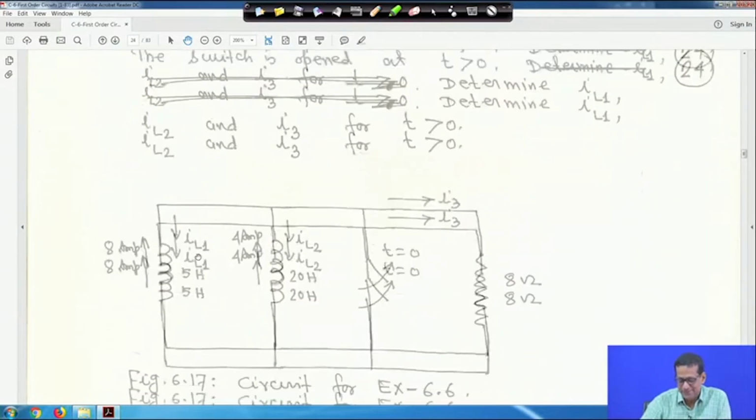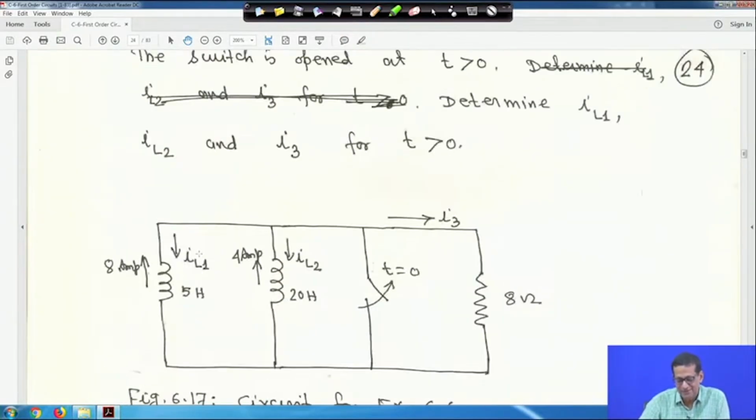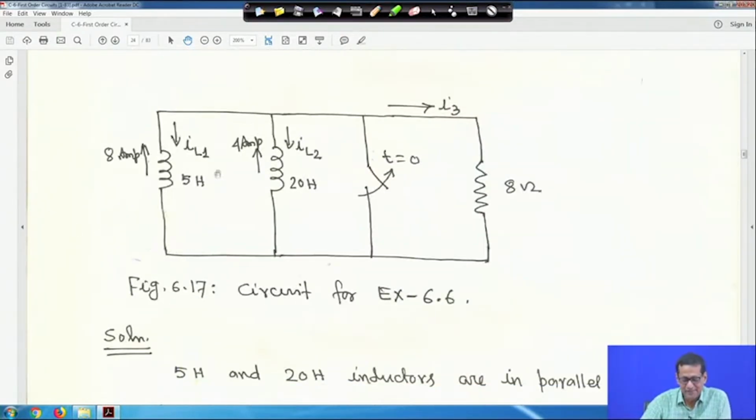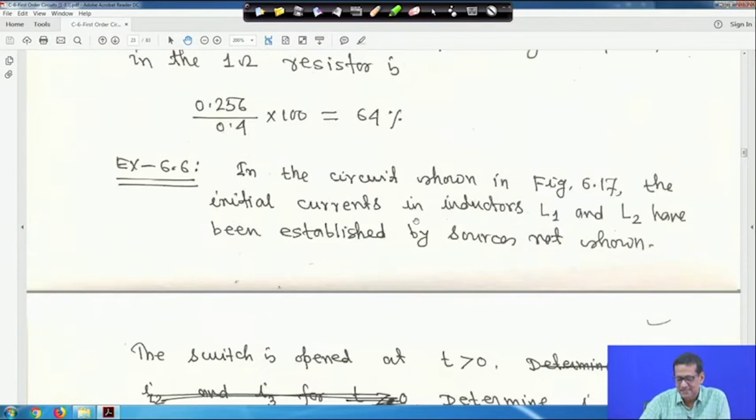This is a very interesting problem, so just look at the circuit. The directions of the currents IL1, IL2 and I3 are given, and the initial currents through the inductors are given as 8 ampere and 4 ampere, marked in the circuit.